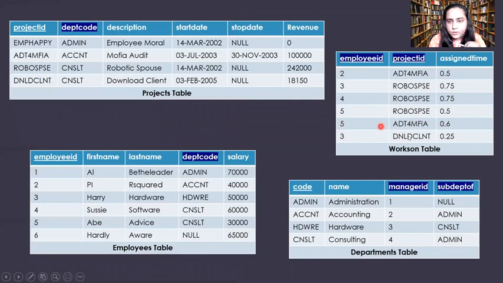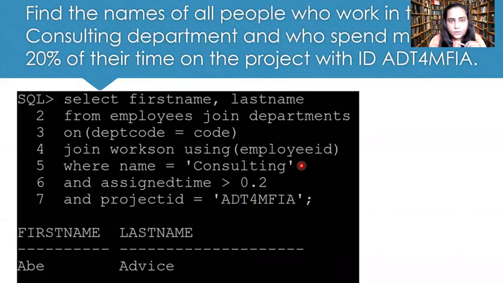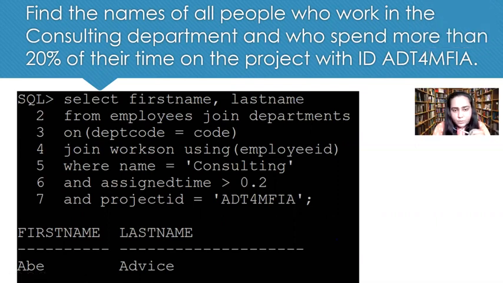There's only one person working. Out of the 3 rows selected, only employee ID 5, that is Abe Advice, is working on this particular project ID, and that's why that is what we got. Please go ahead and take your time to pause the video at this point, implement the query on your own and come back to the video.